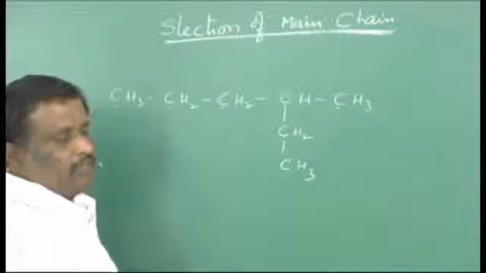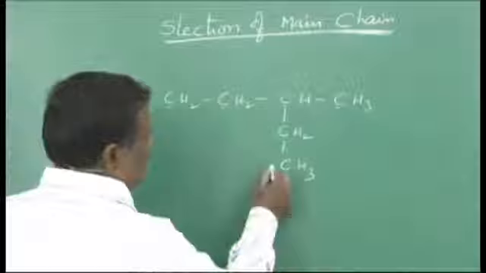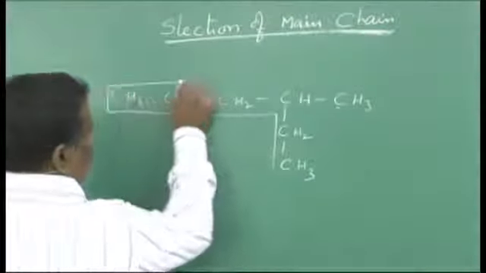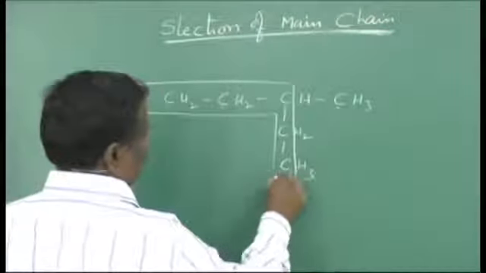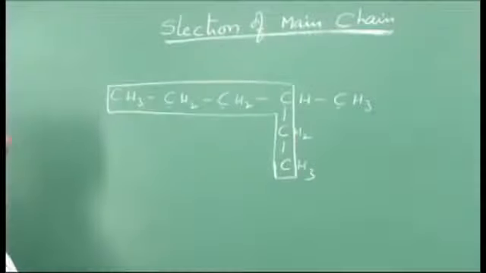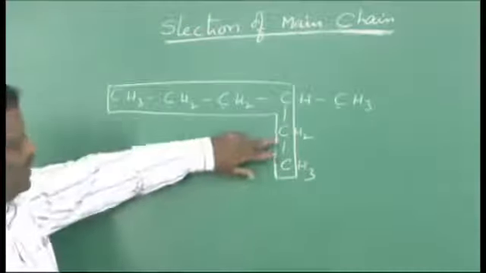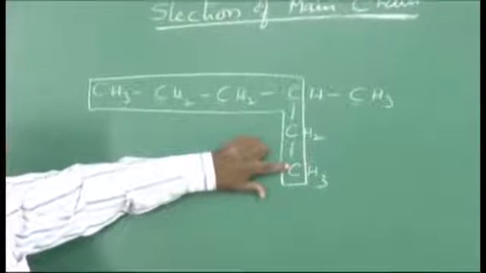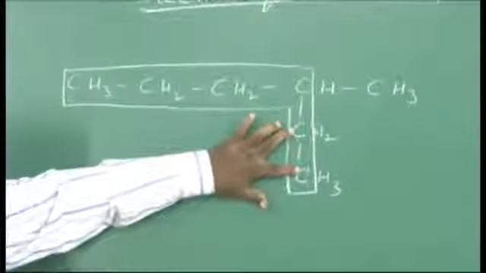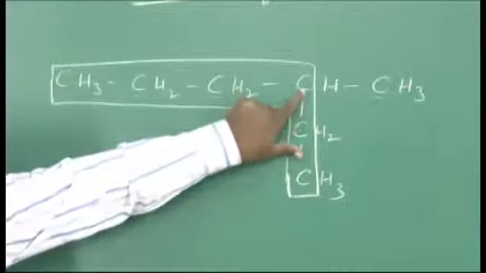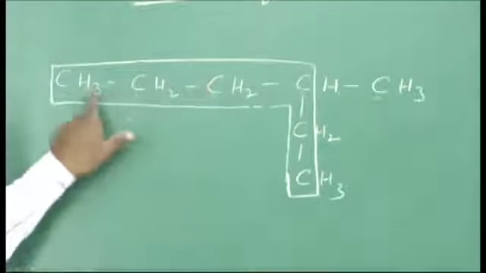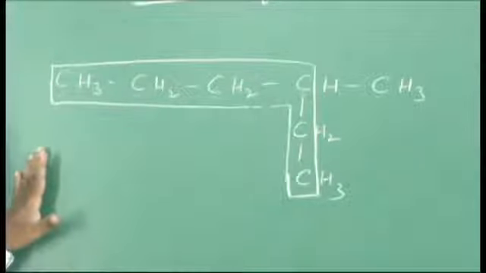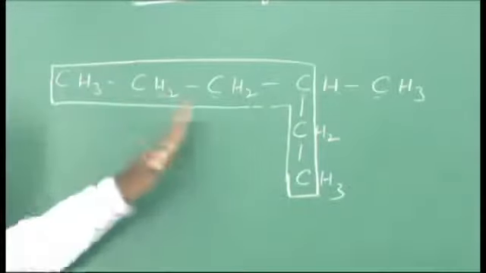This is one way. But if I consider this as a chain, the condition for selecting a chain is that there should be a direct bond between carbon and carbon. There is a bond between this carbon and this carbon, this carbon and this carbon, and between this carbon and this carbon. So, this can be taken as a long chain.